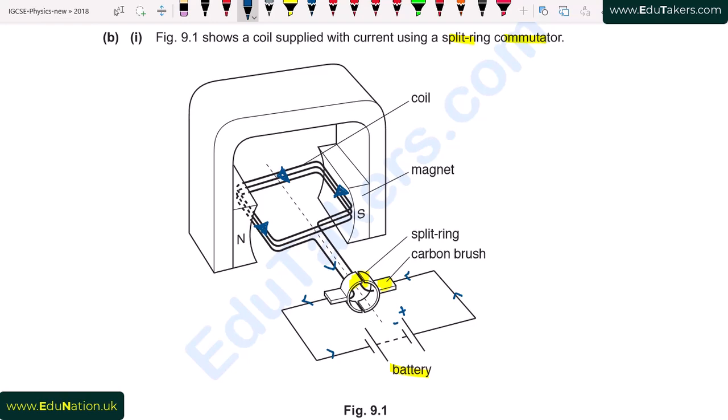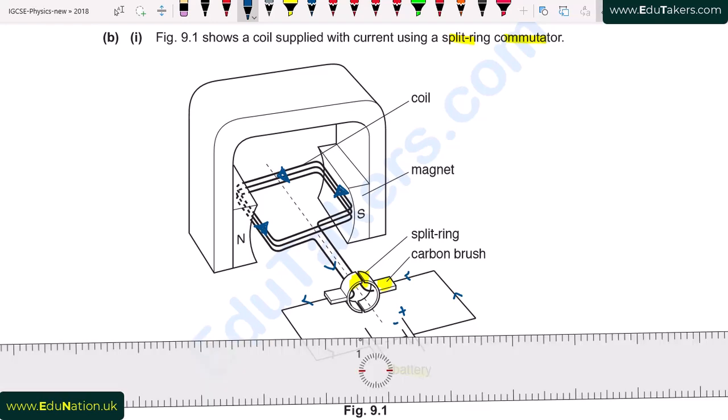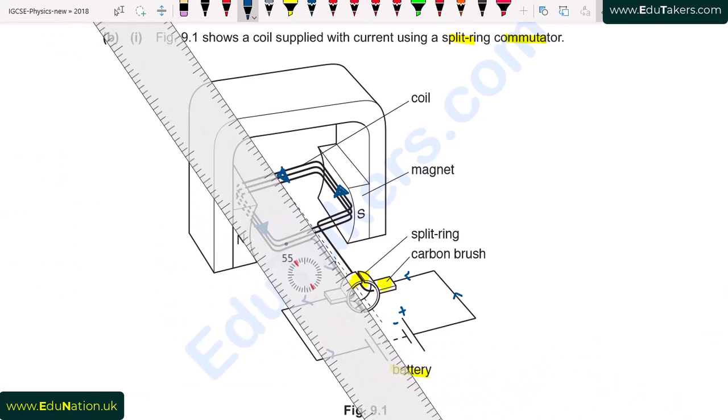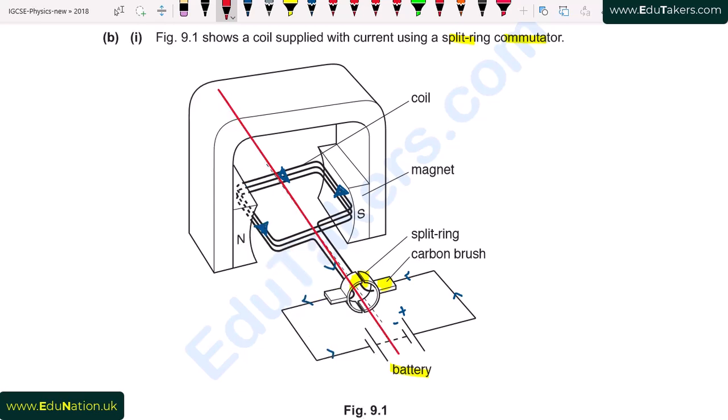So first of all, I consider the right half, and I draw a line here to separate left and right half. So here I consider first of all the right side.